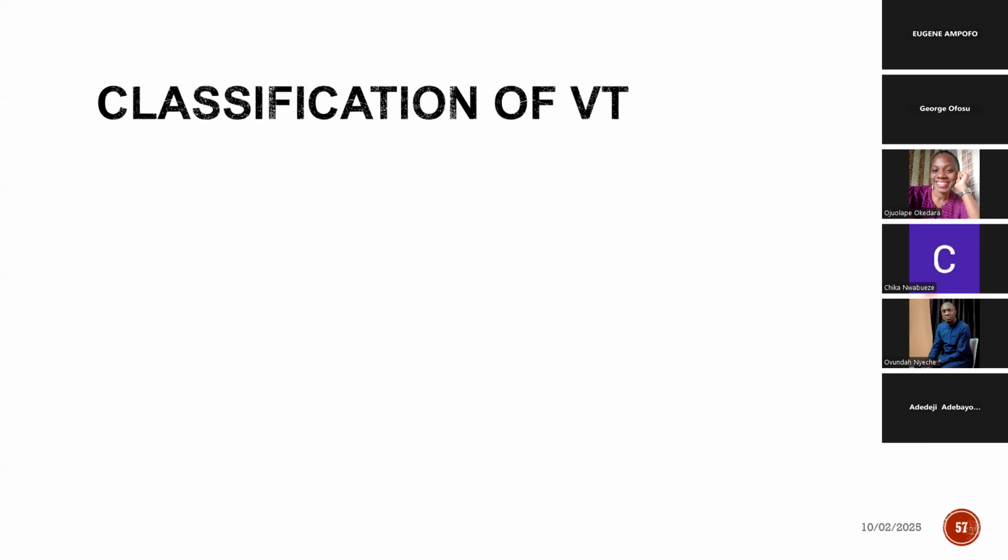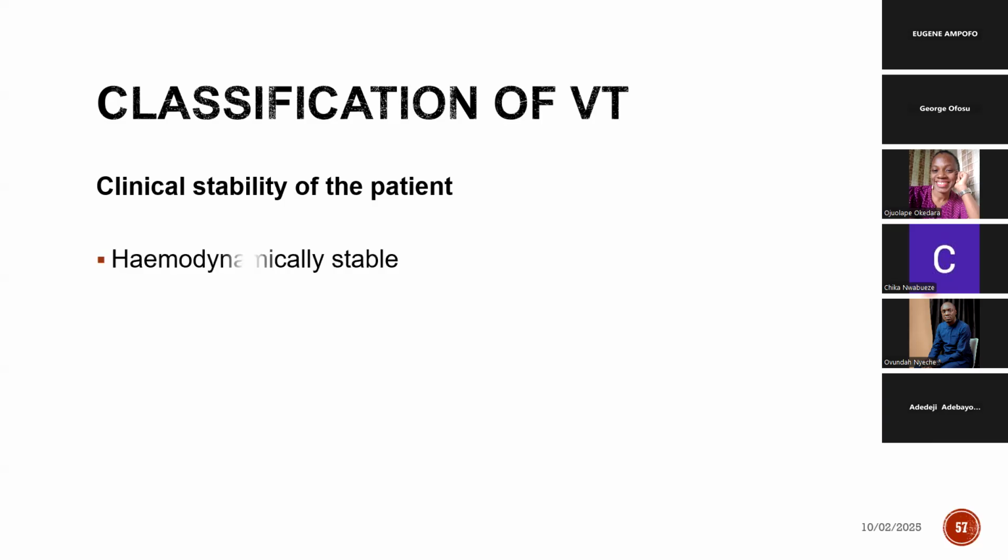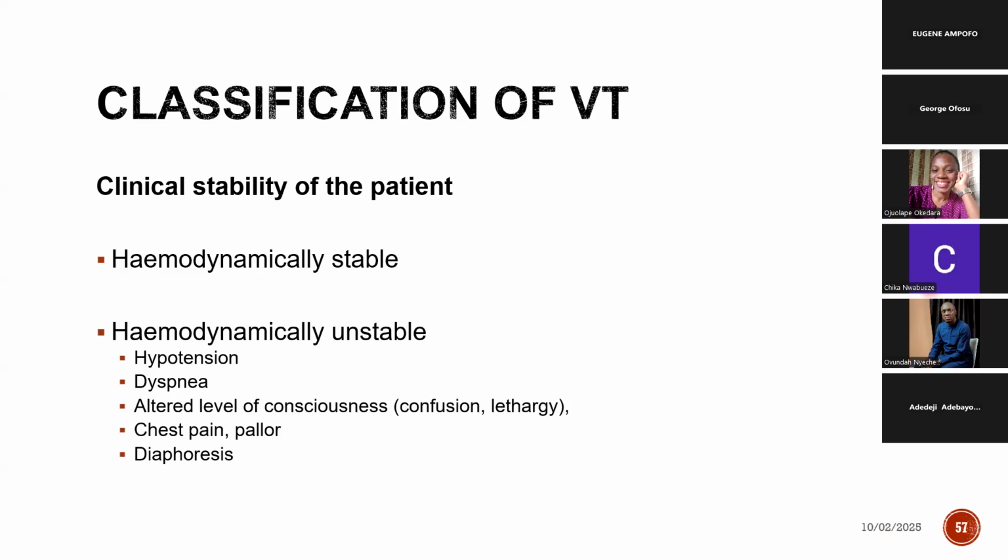Okay, so VT can also be classified based on the patient's clinical stability. By this, you may have either a hemodynamically stable VT or a hemodynamically unstable VT. Patients with hemodynamically unstable VT may present with hypotension. They may be dyspneic.